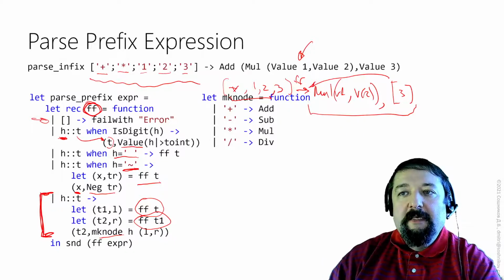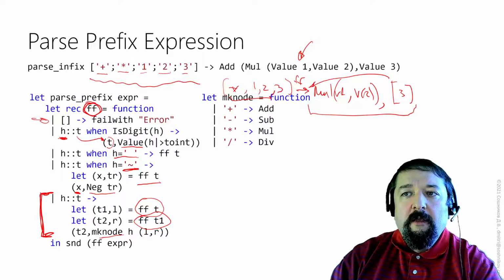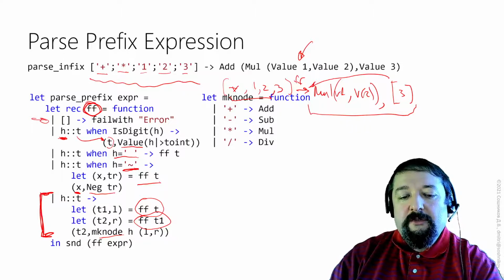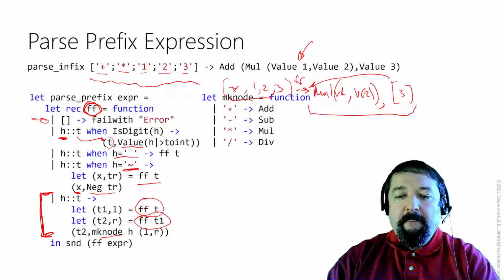So from plus it will return add, from minus it will return sub, and so on. So it will return us the corresponding constructor, and we will construct the element of the tree.